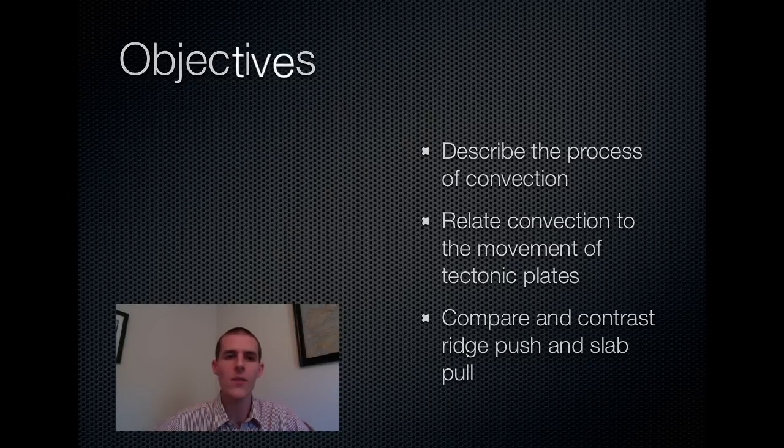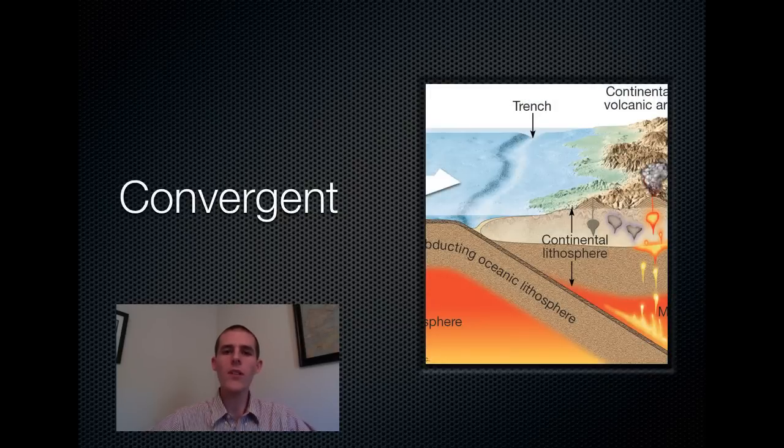So I want to start out with a quick little review of the three types of plate boundaries. If you'll remember, the surface of our Earth is kind of like a hard-boiled egg that's been cracked. If you were to crack that egg against a counter, the inside of the egg would represent the inside of the Earth.